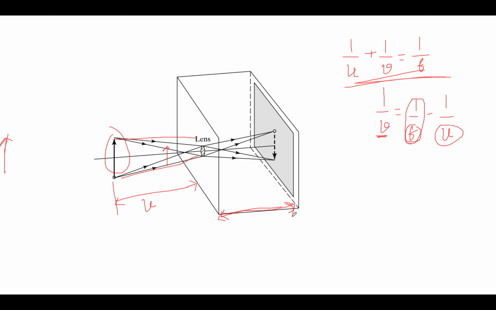You can try this very easily. Your eye has a lens, right? Make sure that you don't get a headache. So you close one of your eyes and you bring a finger close to the eye and then take it farther, and you will see that it comes into focus at one particular point, right?